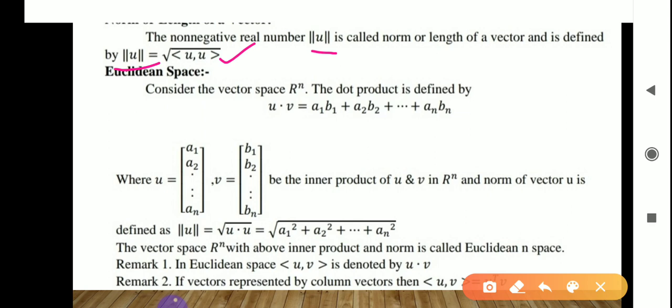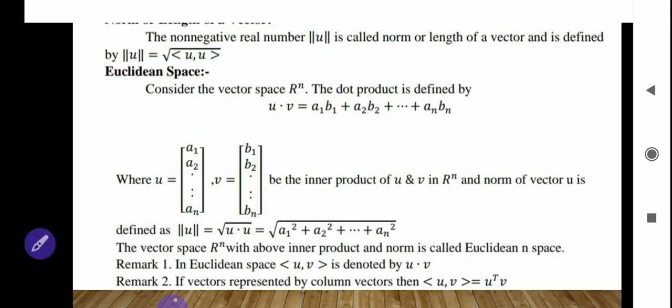And how do we write the inner product of u comma u? If we take u as this vector, the inner product of u comma u can be written as the square root of a1 squared plus a2 squared plus so on plus an squared is the value.